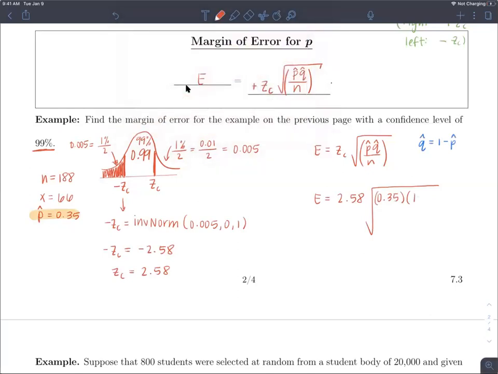And so you can just do 1 minus 0.35 right here. And then I also know that N is equal to 188. And so when I put this into my calculator, I'm going to put all of this in parentheses, right? So be careful with that, because a lot of the times this 188 will not be underneath that parentheses.